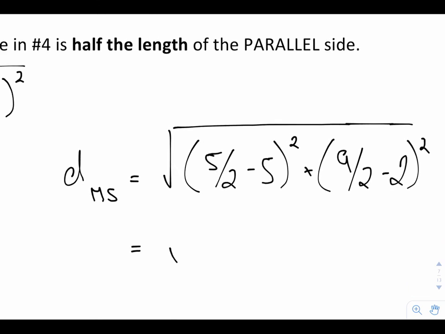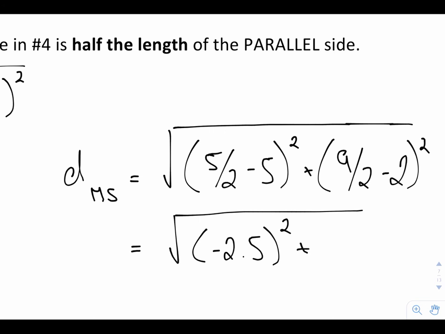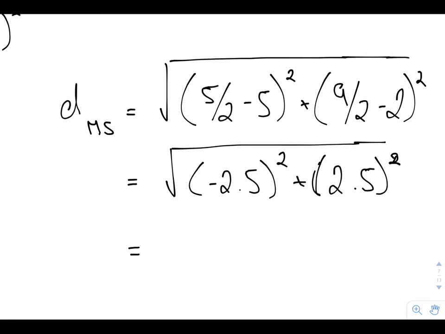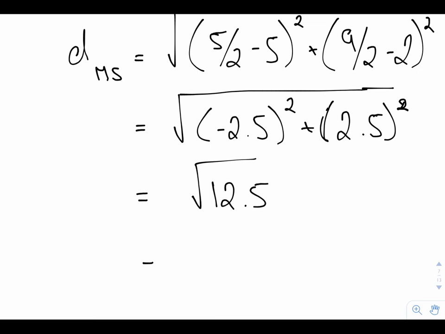This gives me the square root of negative 2.5 squared plus 2.5 again squared. And then if I do that, I end up with the square root of 12.5, which is equal to 3.53.